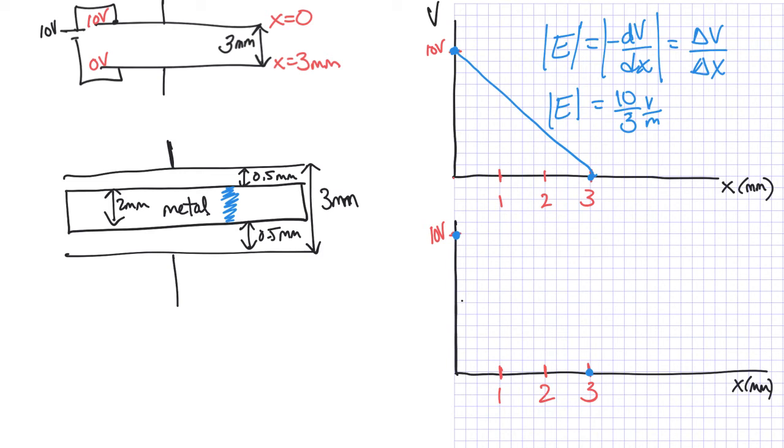It's metal. It's a conductor. The potential is not going to change when it's in there, okay? That means the electric field is 0. Electric field 0 means the slope is 0, right? The potential is constant, okay?